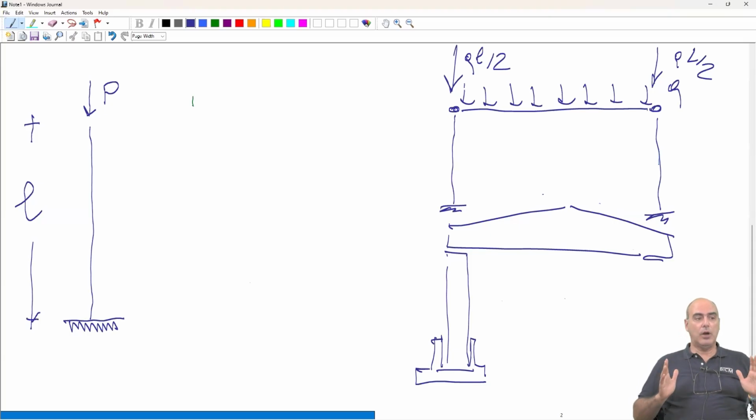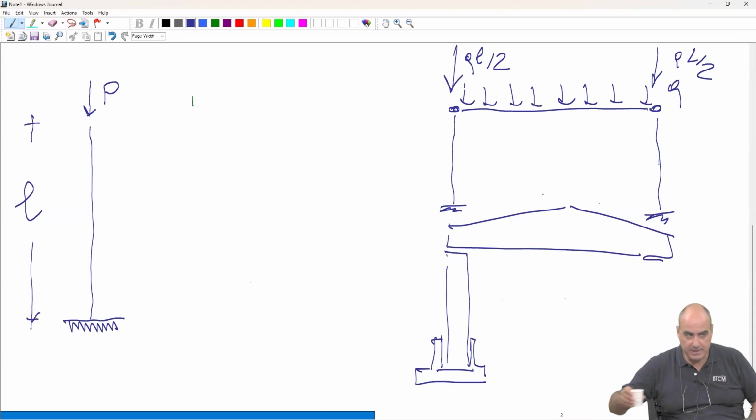Well, this column under axial force, what kind of deformation do you expect? Do not run with your imagination. A column under axial force shortens. Okay?